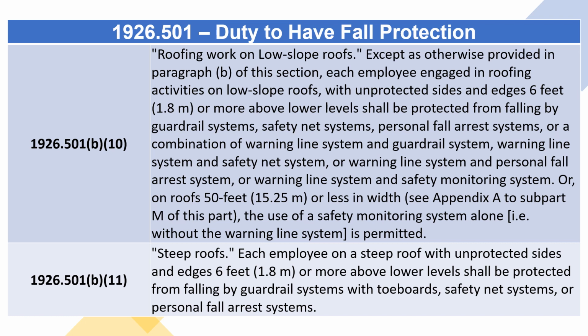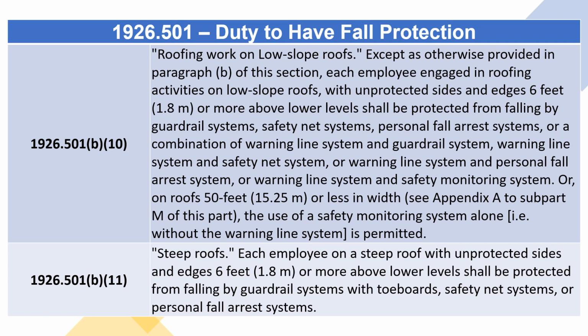1926.501(b)(10). Roofing work on low-slope roofs. Except as otherwise provided in paragraph (b) of this section, each employee engaged in roofing activities on low-slope roofs, with unprotected sides and edges 6 feet (1.8 meters) or more above lower levels shall be protected from falling by guardrail systems, safety net systems, personal fall arrest systems, or a combination of warning line system and guardrail system, warning line system and safety net system, or warning line system and personal fall arrest system, or warning line system and safety monitoring system.